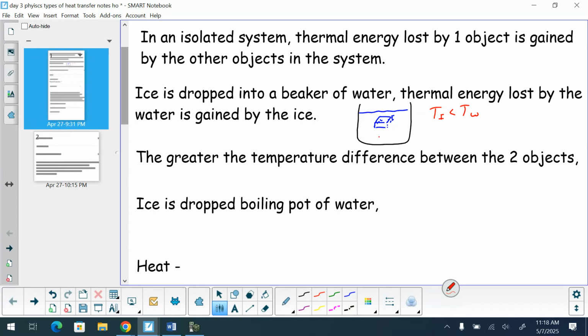So what you'll have is this thermal energy that is leaving the water and going into the ice cube.